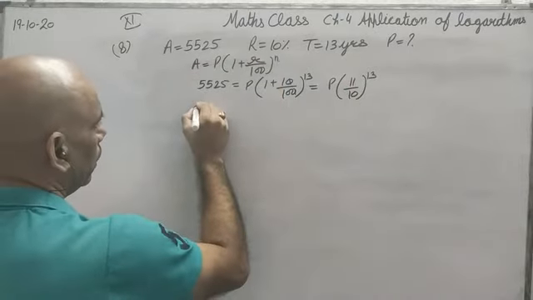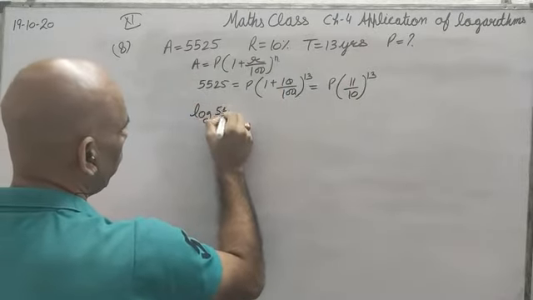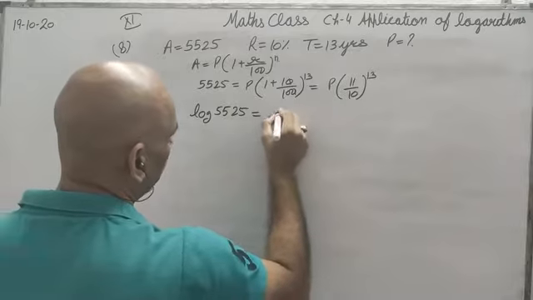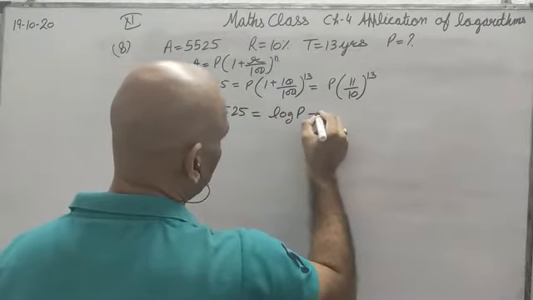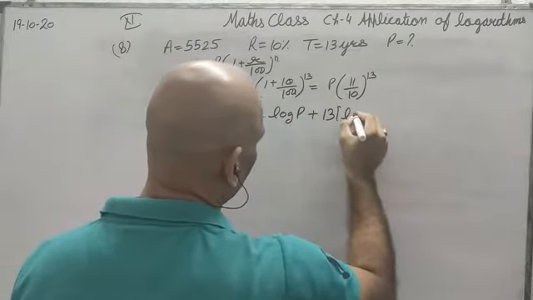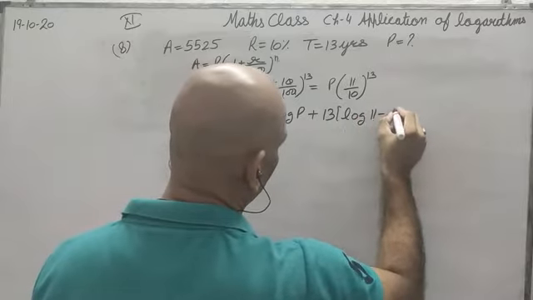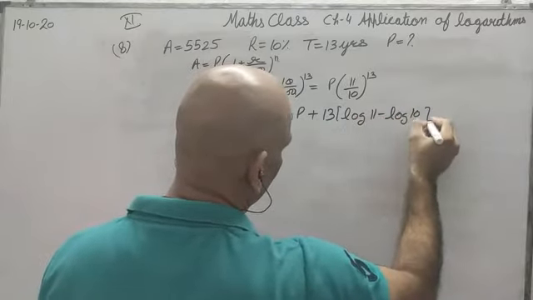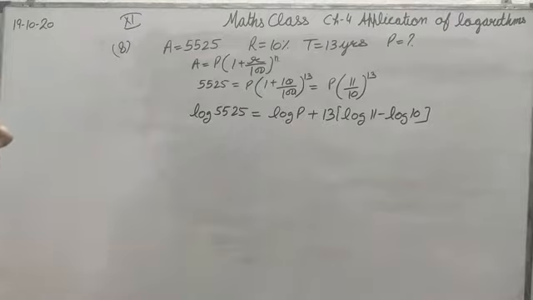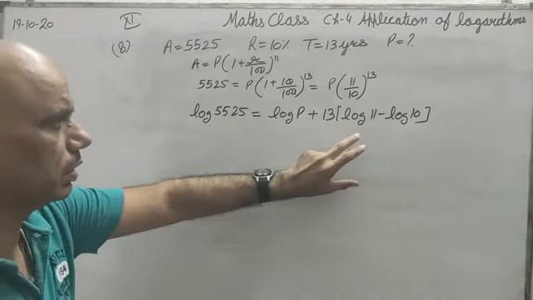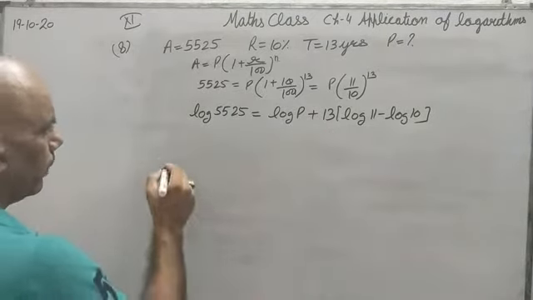Take log. Log 5525 is log P plus 13 log 11 minus log 10. So what can be done? This is plus, so on the other side it will become minus.